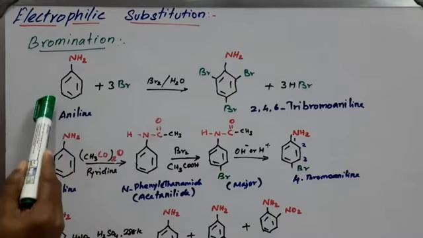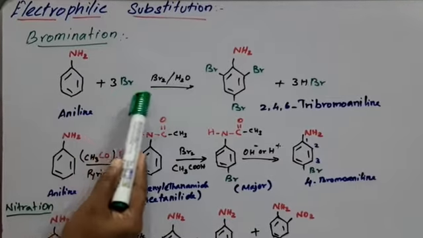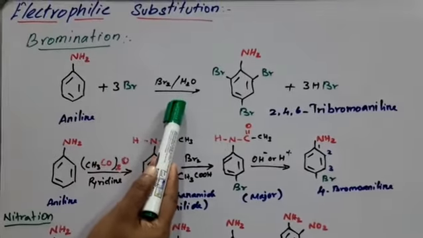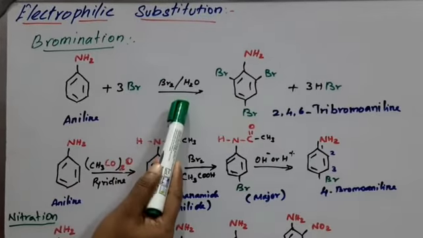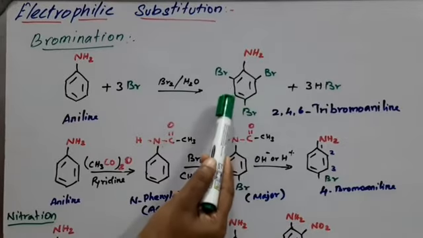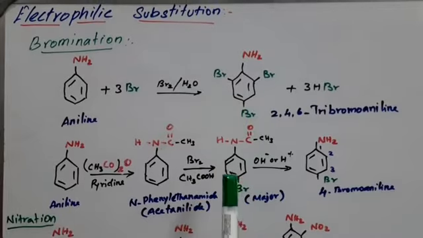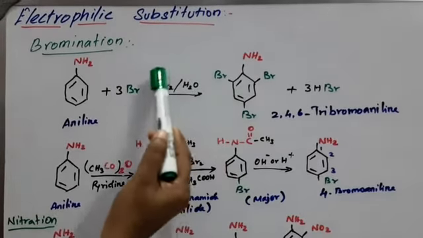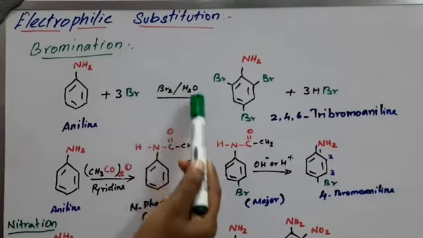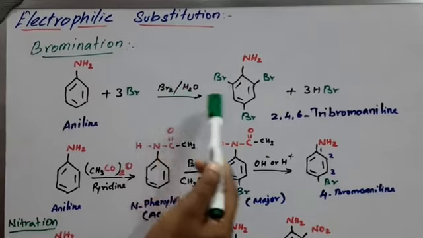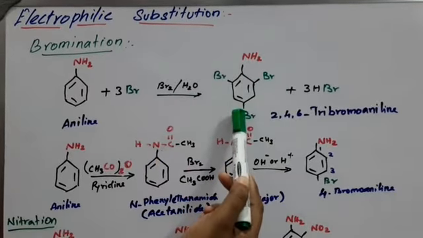Here also, aniline reacts with bromine in aqueous medium. Students, we know that very well. With bromine in aqueous medium, we get the product of both ortho and para substitution, because the bromine is dissolved in water.